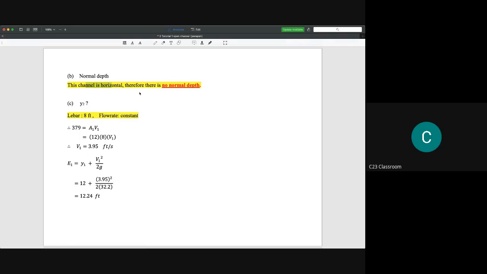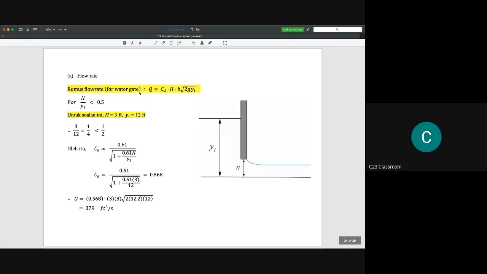When the channel is horizontal and the water does not come from a reservoir like this, the water will not flow. So why is the water flowing? Because the water has high potential energy due to the difference in water level. In an open channel, for example a conduit of liquid, you need some slope to make sure the water flows.